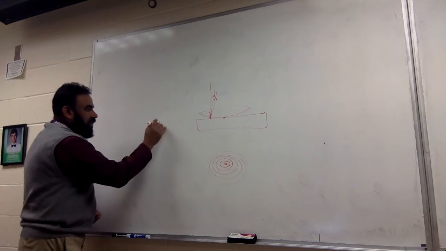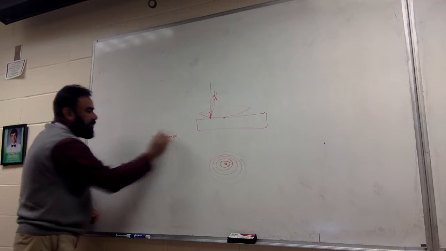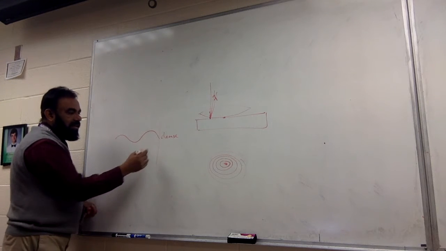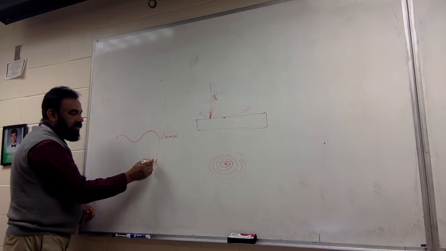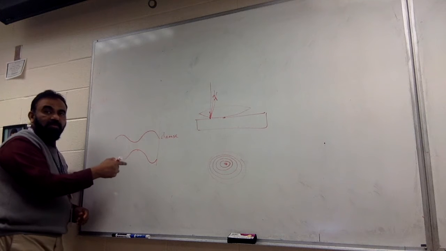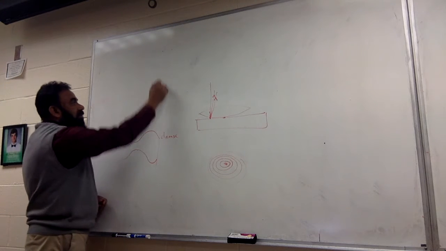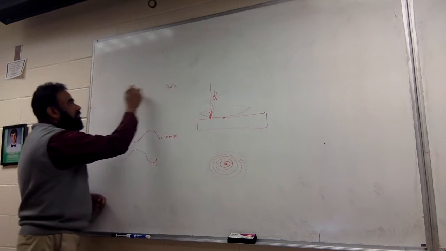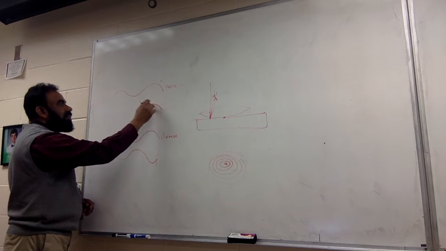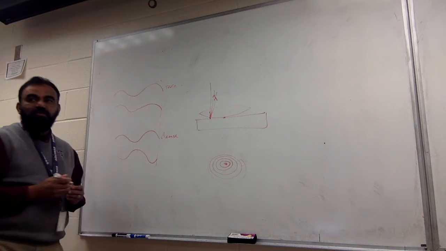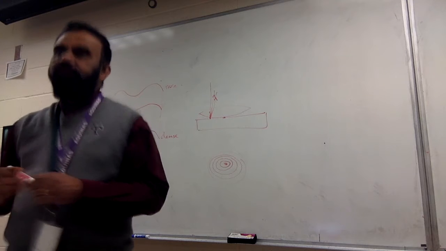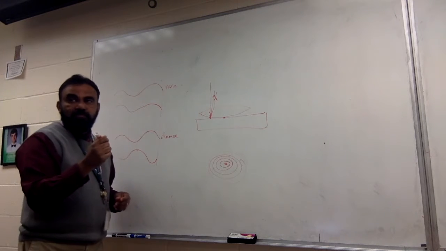So on a dense medium, so this is dense, there is a phase change. If it goes and hits like that, it bounces back that way. That's what happens on a dense medium. But on a rare medium, it goes and hits here, and then it comes back the same way. No phase change. And then the path difference in a dense medium is lambda over 2.